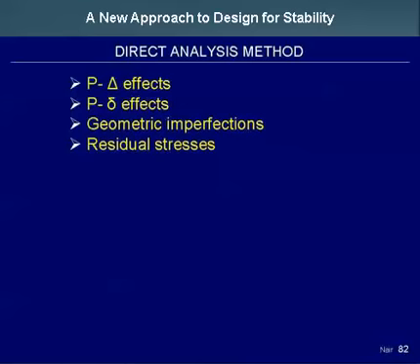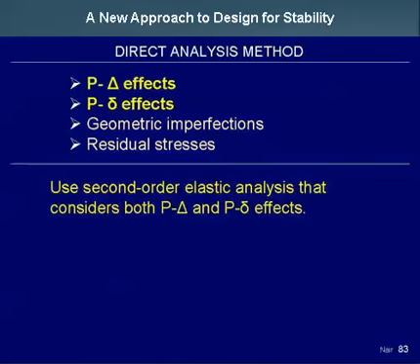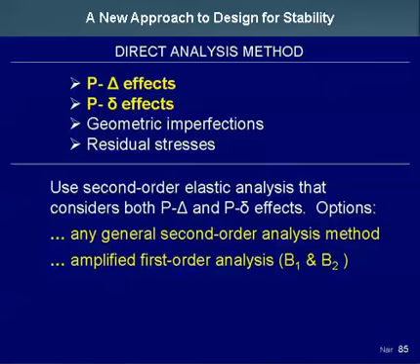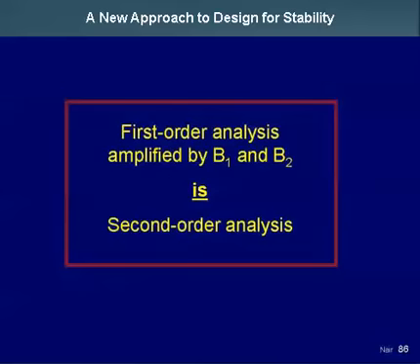And let's see how it accounts for these different effects that you were required to account for in your analysis and design. For the P delta effect, you're supposed to use a second order elastic analysis that considers both P cap delta and P little delta. And for that, you can use a general frame analysis method that considers second order effects, or you can use amplified first order analysis. The old B1 and B2 method is still perfectly acceptable as a method of second order analysis.